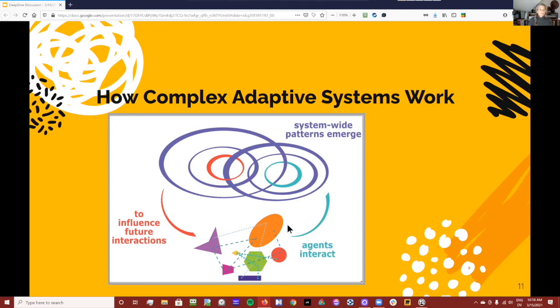There's a bunch of agents and they interact. As they interact, their interactions start to generate patterns. Those patterns grow and amplify and become system-wide patterns. Then those system-wide patterns themselves influence the future actions of the agents in the system. So pretty soon you have a self-reinforcing feedback loop.